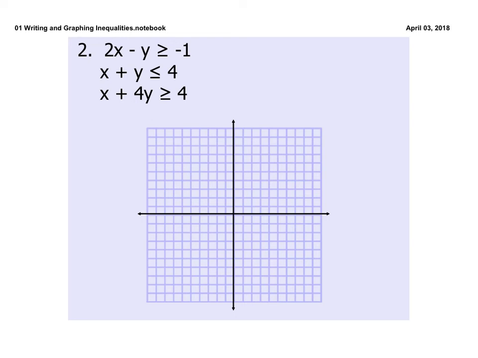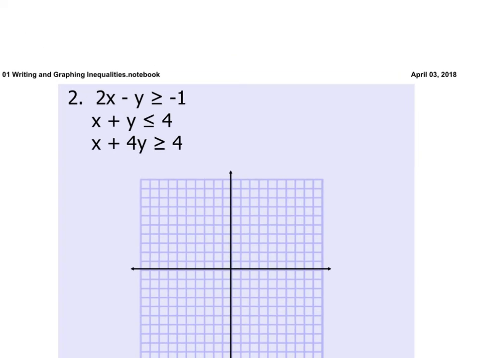Okay, let's try another one. This one's going to be a little bit more extensive. So let's start with our first one. So here, I'm going to take that same approach and identify my x and y intercepts because I think it will just be easier than trying to rearrange everything. So if y is 0, so again, you kind of cross this bit off, then x is negative 1/2.